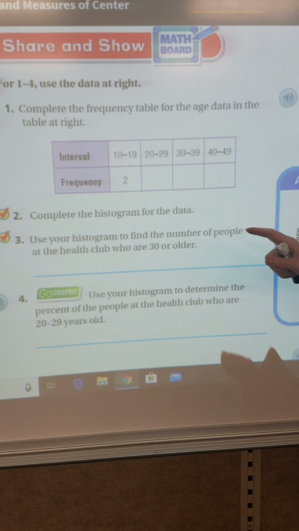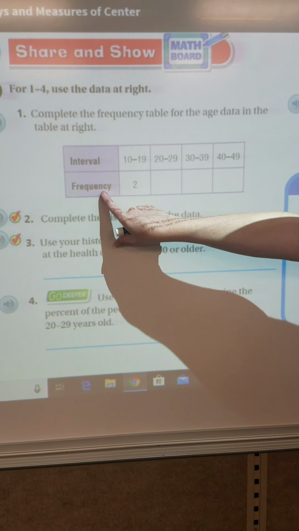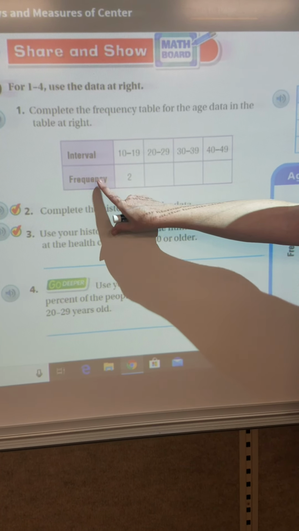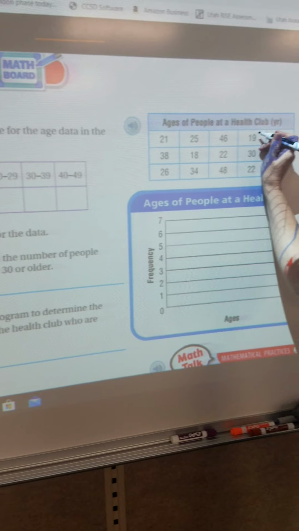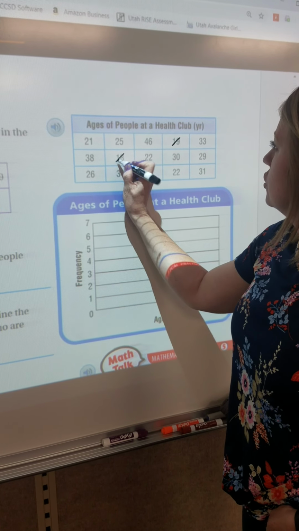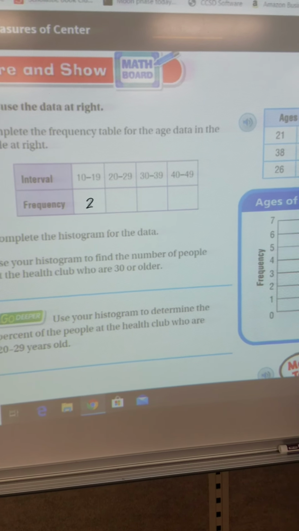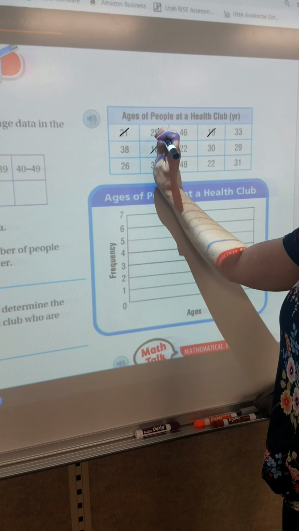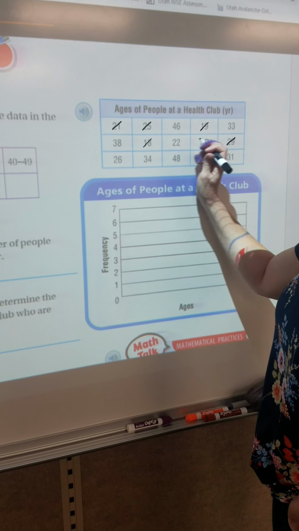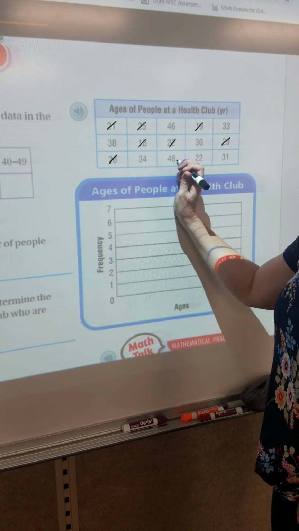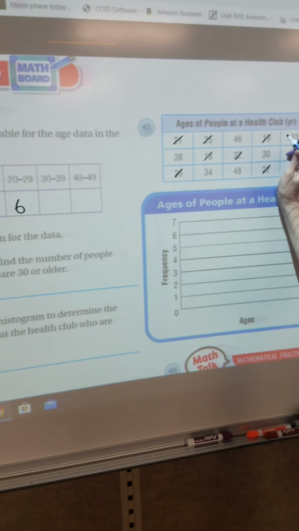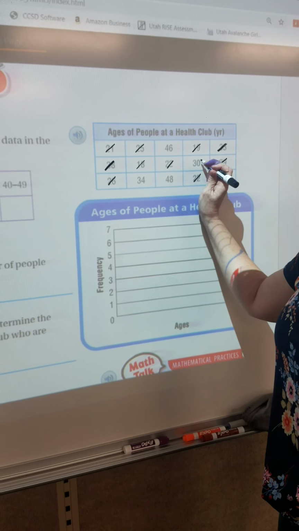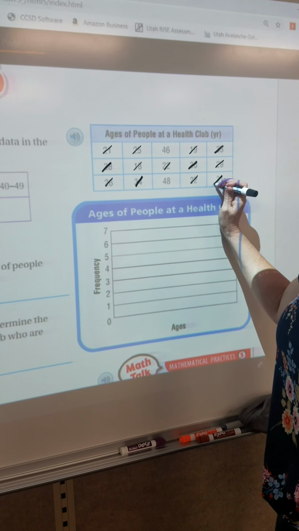The next thing we do is record how often that happened. How frequent did each of those ages occur? Looking at that, 10 to 19, there's 1, 2, 2. 20 to 29 happened 1, 2, 3, 4, 5, 6 times. 30 to 39 was 1, 2, 3, 4, 5 times.